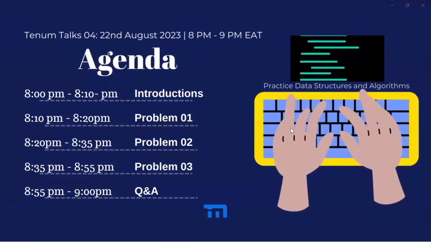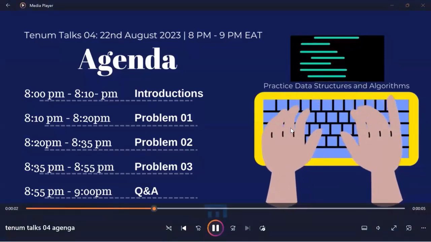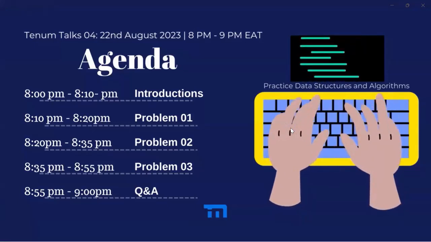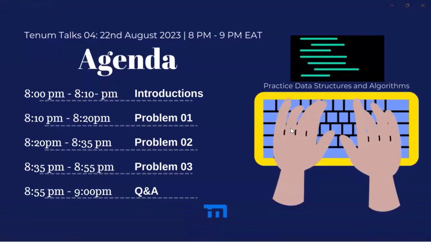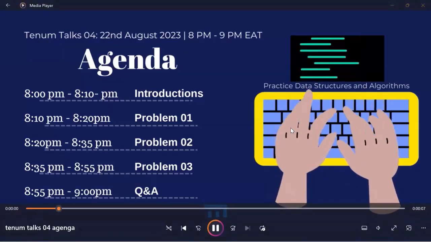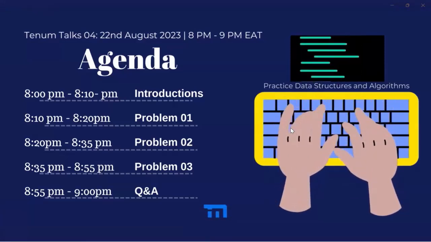Okay, my name is Stephen Kiuni, and should I continue? Yes, please. I'm Stephen Kiuni, a software developer, but I'm currently in practice.